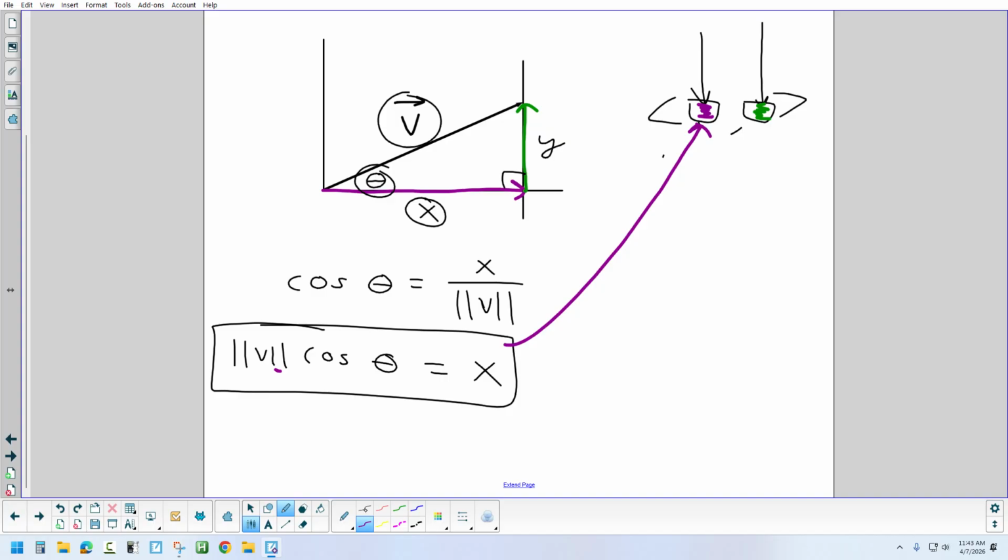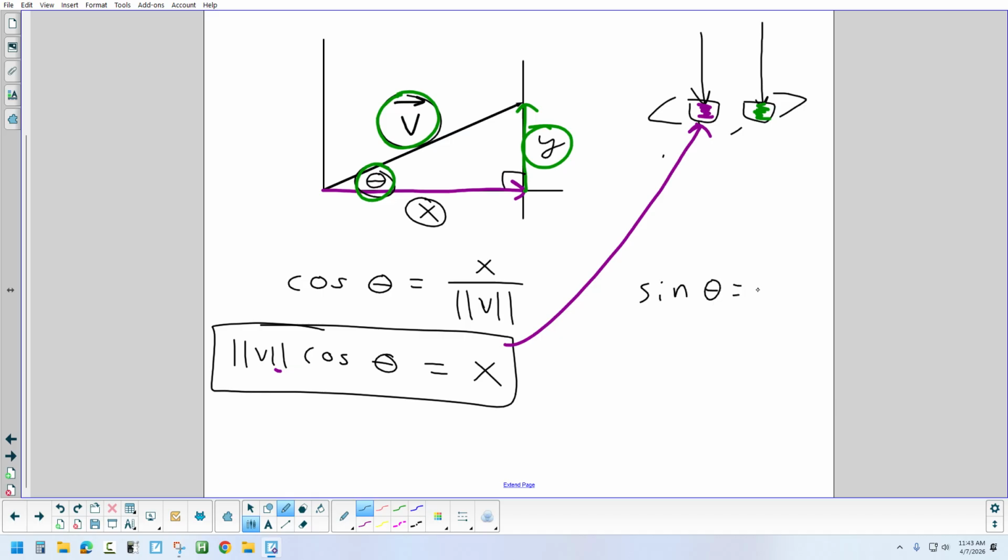Now, one more time, you've got to do it to find the vertical component. This time, use the angle, use the vector, and solve for y. What trig function would we use that involves the three things circled in green? Sine.